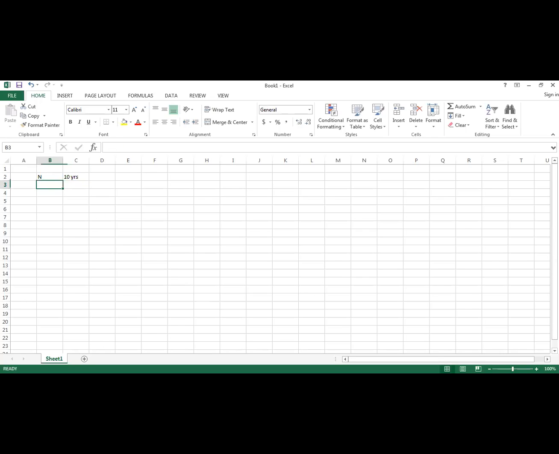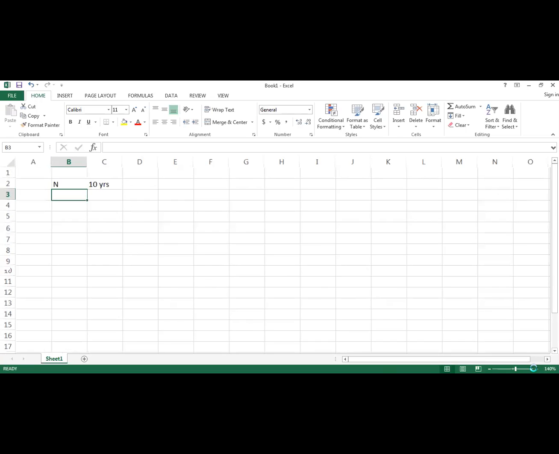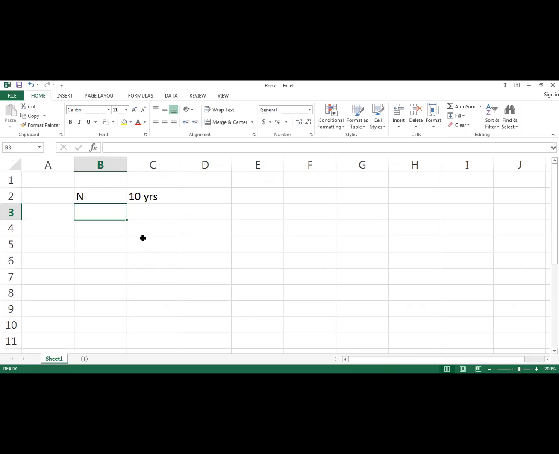The rate of interest is 12%. The face value of the bond is 1,000 rupees.